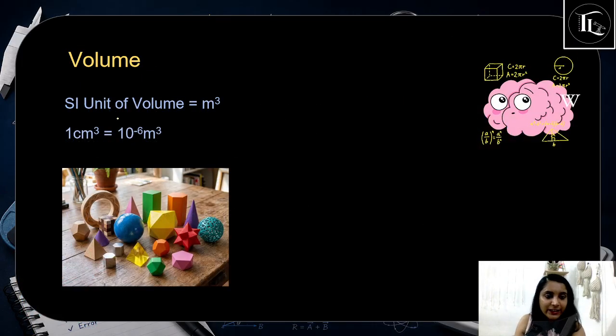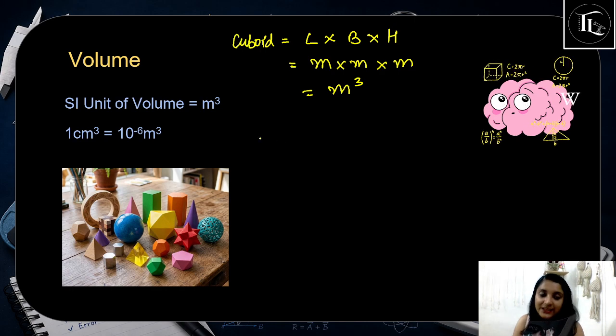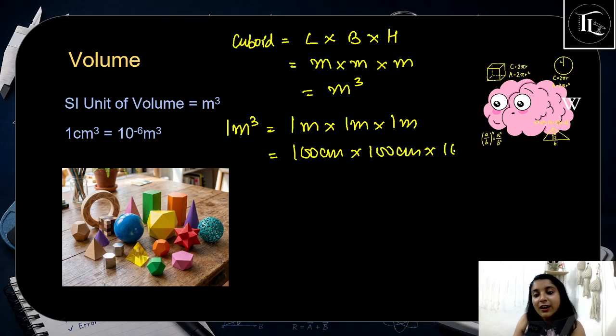Now similarly, we can do the SI units for volume as well. Let us take the example of a cuboid. For a cuboid, you know it is length into breadth into height. Now any kind of length is measured in meter, so it would be meter into meter into meter. That means meter cube. Now let us see the conversion. Again, very important. So 1 meter cube we can write as 1 meter into 1 meter into 1 meter, which is basically 100 centimeter, 100 centimeter, 100 centimeter.